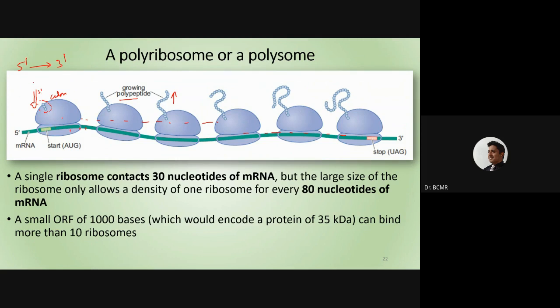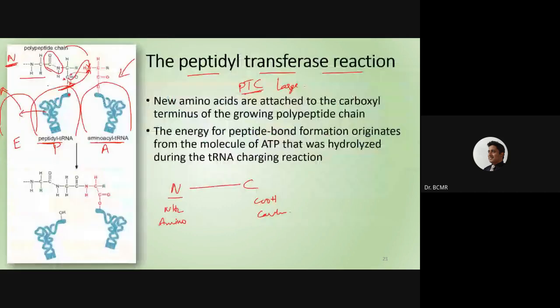You have N-formyl methionine attached. That's the initiator tRNA. It is attached through its carboxylic group. What is free is the amino group, and this will move to the next one during peptidyl transferase. We'll see it in a later class.